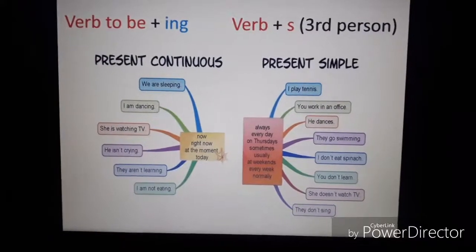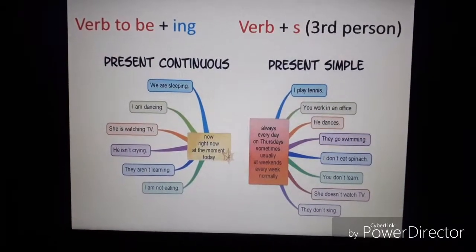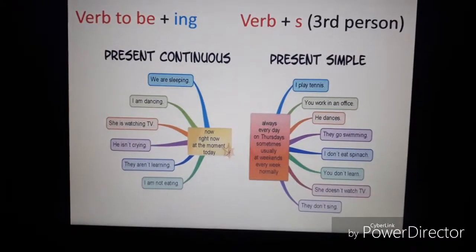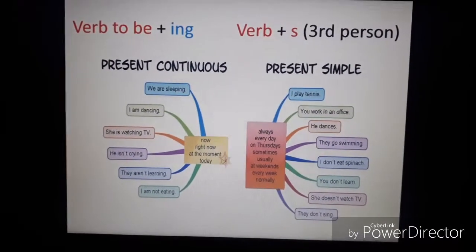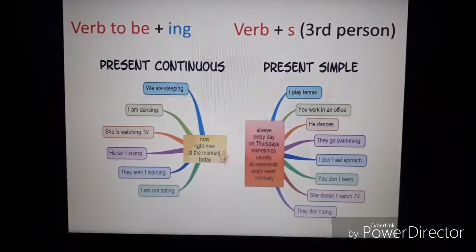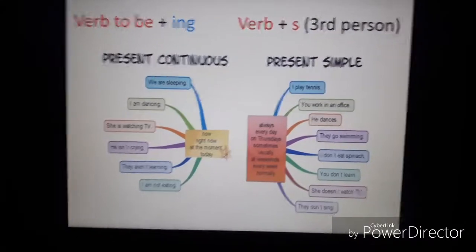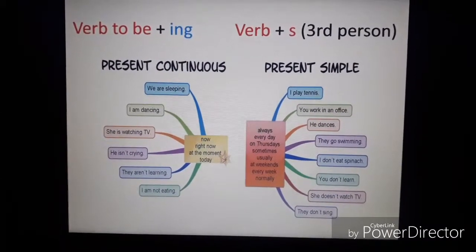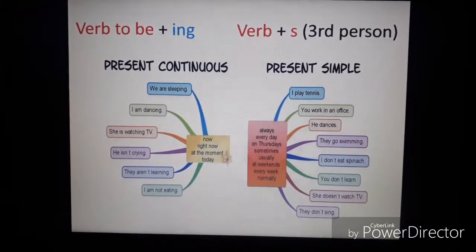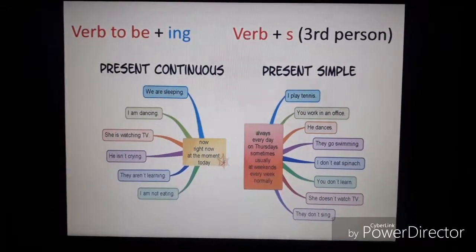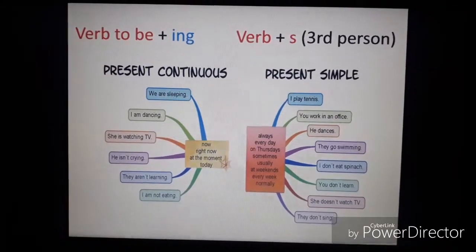And on the other side, we have present simple, that is that we use the verb and we add s if it is third person. If it is not, we just put the verb in the base form and that's it. Subject, verb, complement. So we have examples as I play tennis, you work in an office, he dances, they go swimming, I don't eat spinach, you don't learn, she doesn't watch TV, and they don't sing.